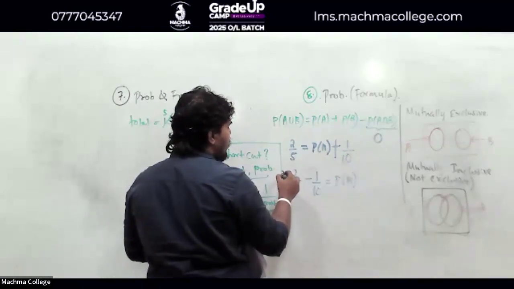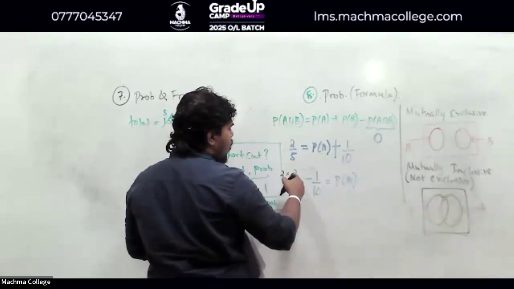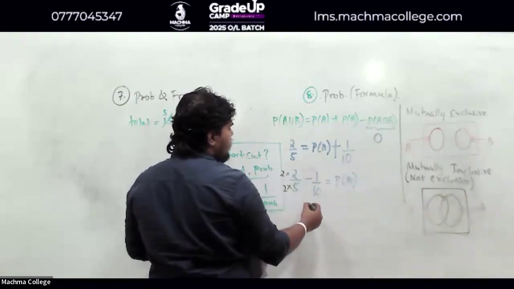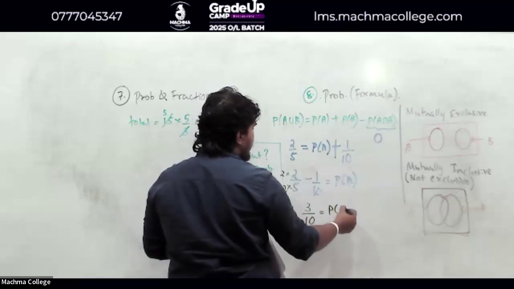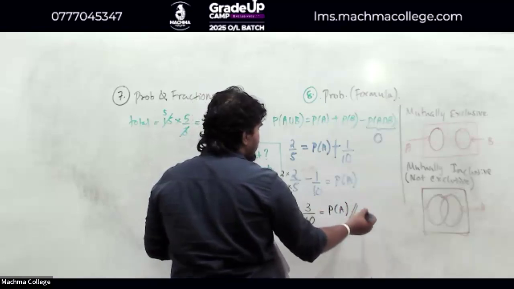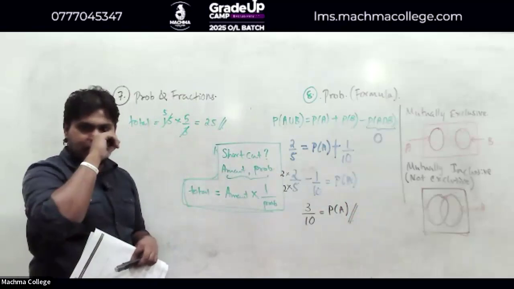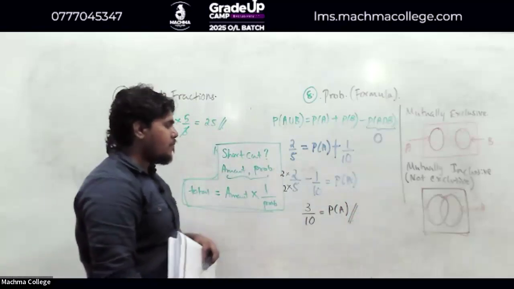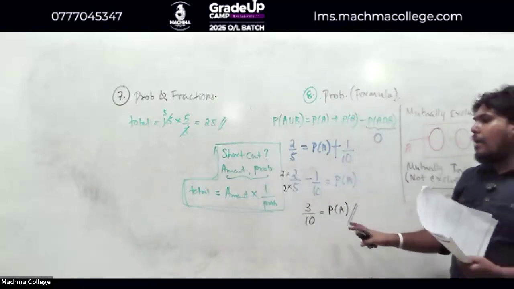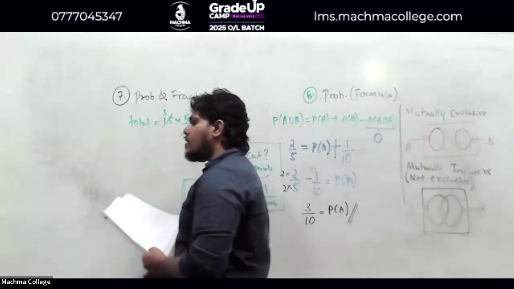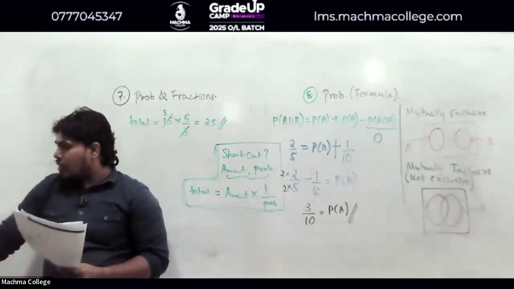I have to multiply by 2, no? Both numerator and denominator. So we will get 4/10 minus 1/10, simplified 3/10. It's a fraction simplification. Fractions, logarithms, those parts will be discussed in our third week's paper in May. So P(A) is 3/10. Probability of the event A is 3/10. All good.